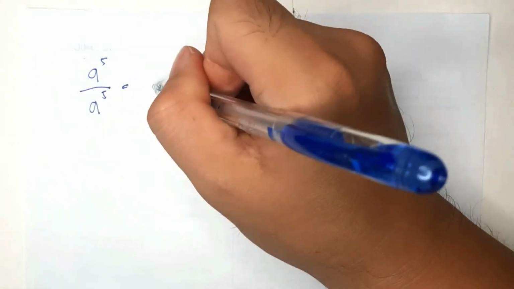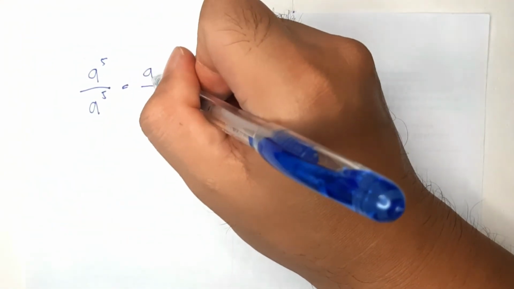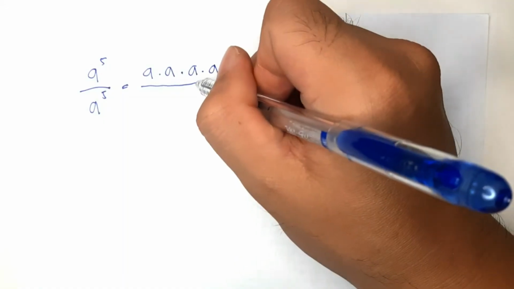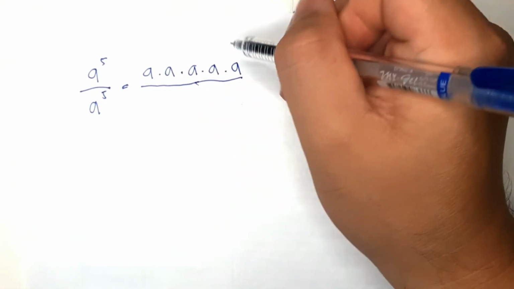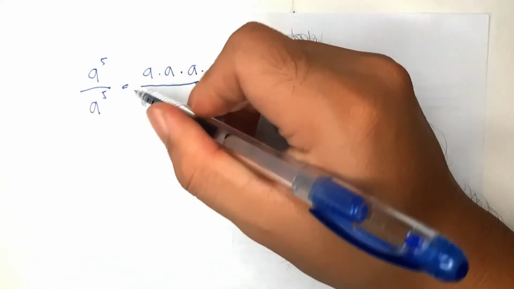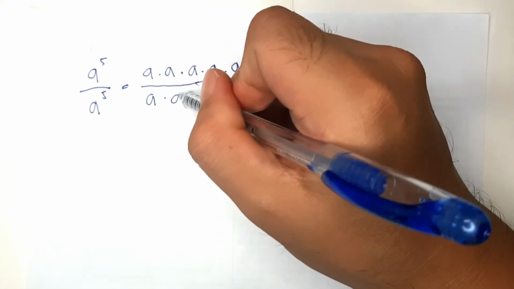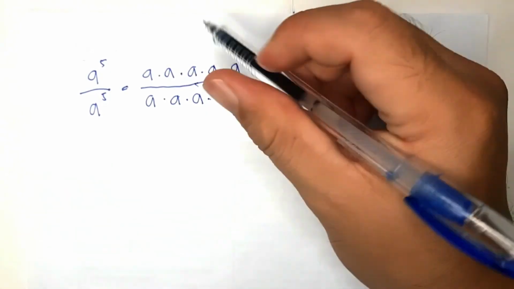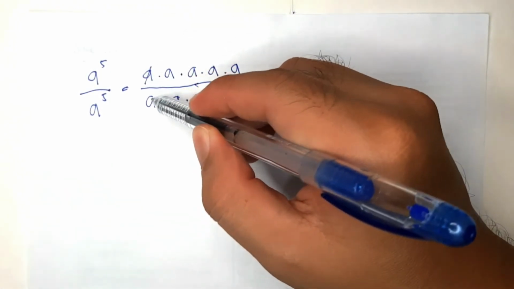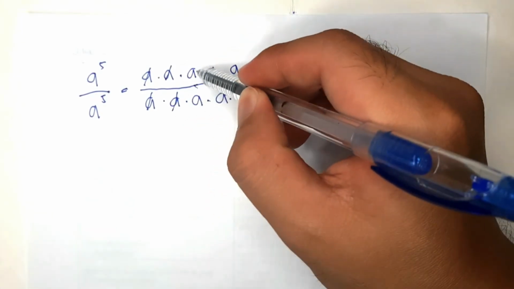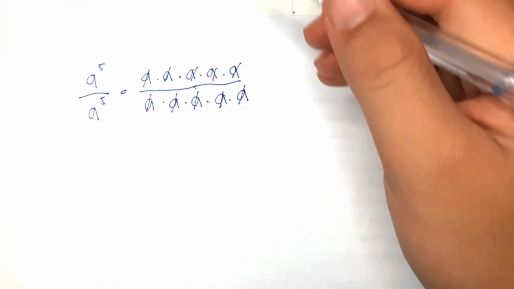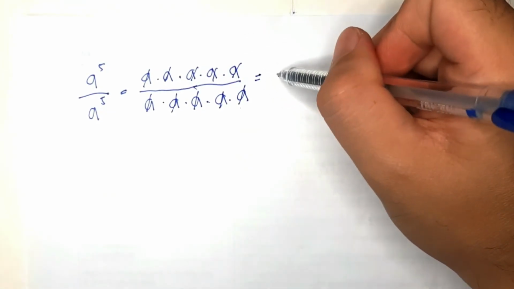So if we expand them, it will be just a times a times a times a times a. So we have 5 a's in the numerator. We have also 5 a's in the denominator. So if we cross out each of them correspondingly, we will end up with a result of 1.